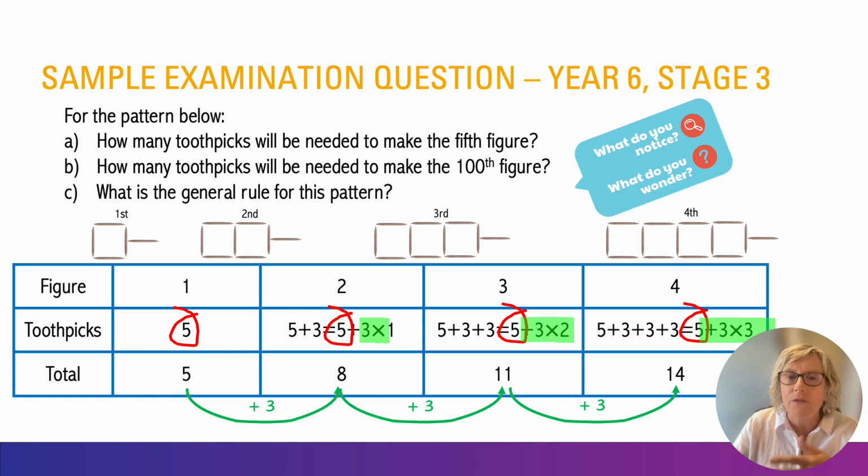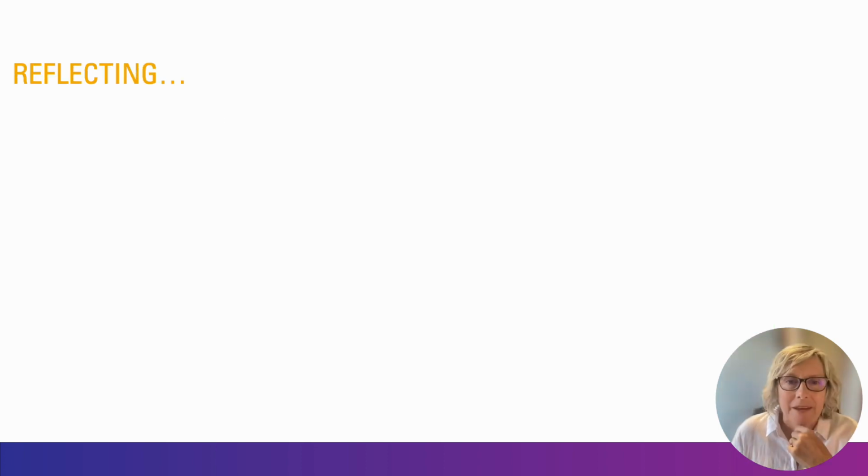So this leads to formalising the pattern mathematically so that they can calculate the number of toothpicks needed for any figure in this pattern. Students could describe the functional relationship as reduce the figure number by 1, multiply by 3, and add 5. Well, this webinar has certainly made me reflect on my practice. Do my students spend enough time investigating patterns by constructing them both physically and diagrammatically?